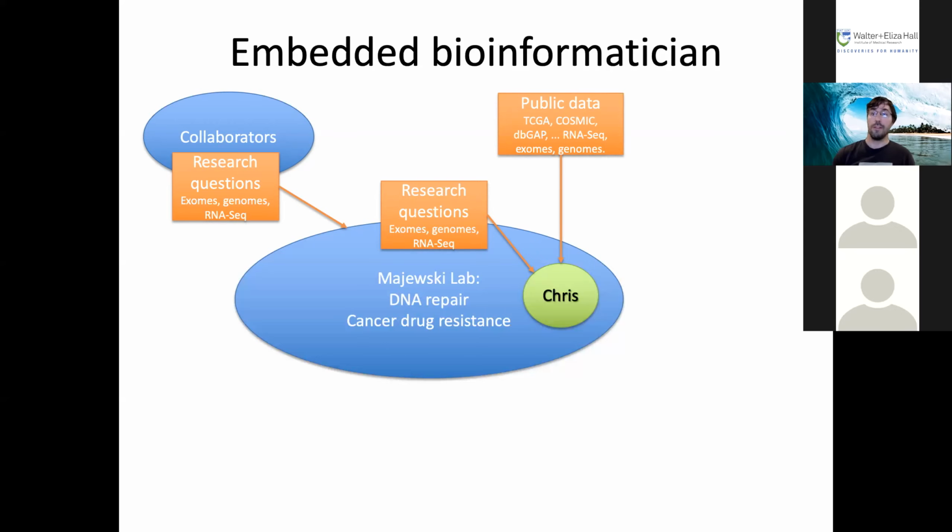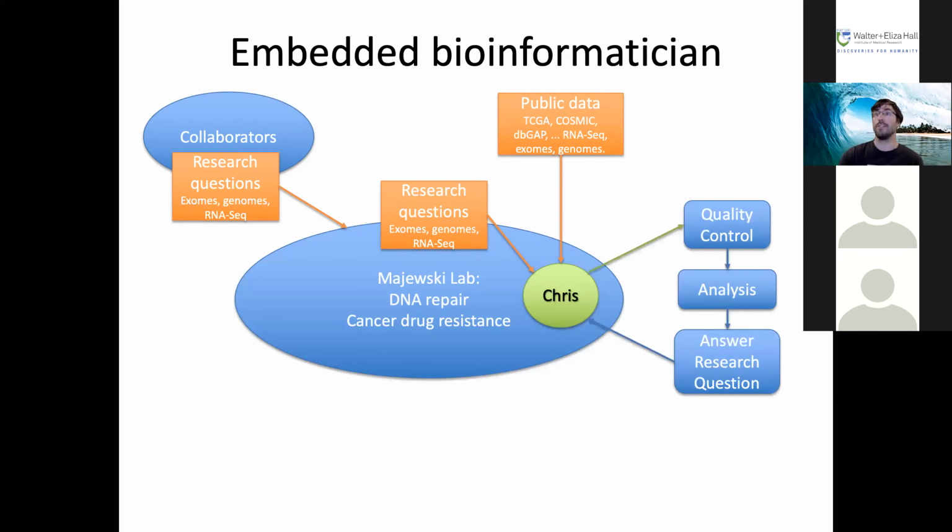With all this information, the typical analysis cycle is to quality control the samples, make sure to the extent we can that samples are okay. We then analyze the samples, and what I mean with analysis here is the actual variant calling, the actual copy number calling, the statsy, mathy part of the analysis.